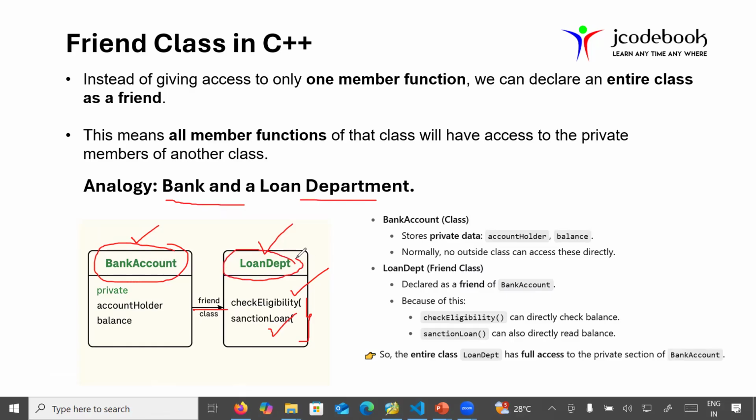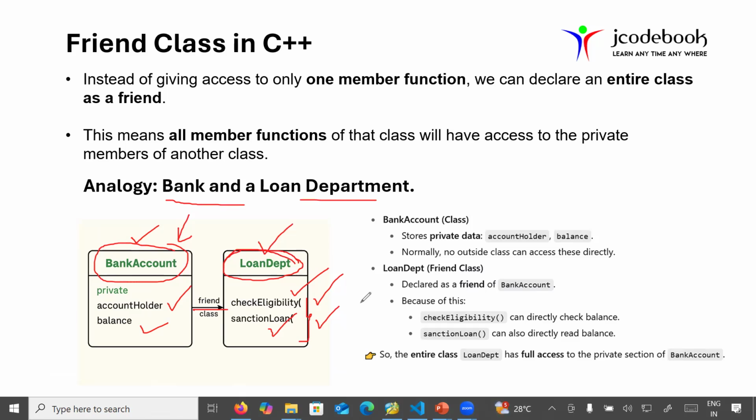So in this scenario, the complete loan department class will become a friend of the bank account class. So now all the functions of the loan department can access the private information of a bank account, like the account holder name and the balance. So let us understand how to implement this scenario.